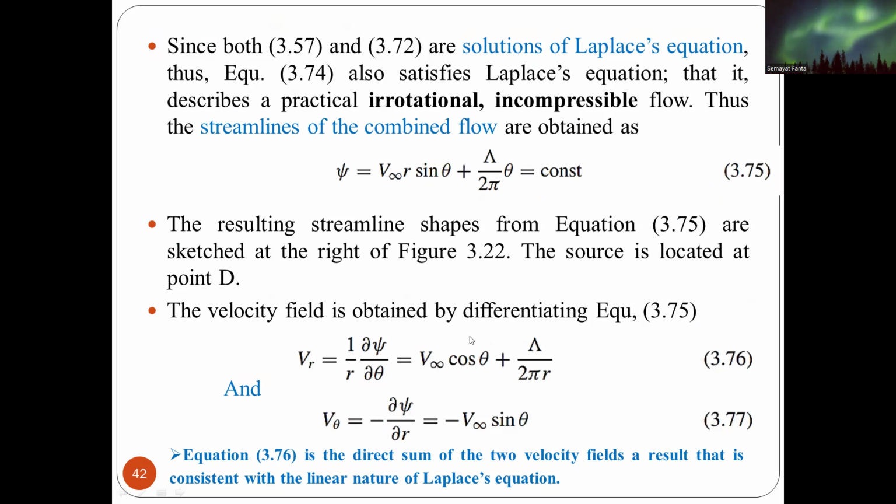The velocity field is obtained by differentiating the above equation to get Vr and Vθ. Vr is 1 over r dψ/dθ. With ψ equal to V∞ r sinθ plus source strength over 2π times θ, the θ derivative of sinθ gives cosθ, and from the second term θ disappears. And Vθ is equal to minus dψ/dr, which gives minus V∞ sinθ.